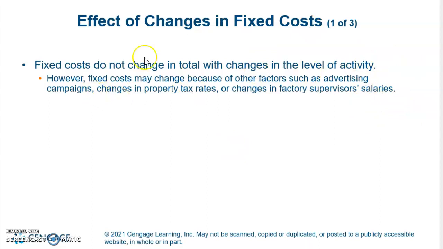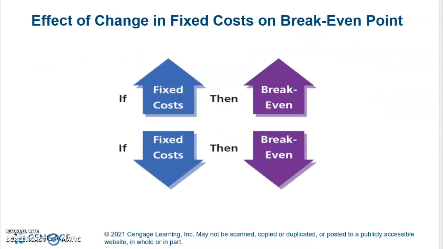So they can change, and we need to learn the effect of change in fixed cost on break-even point. If fixed cost goes up, then your break-even point is going to go up because you're going to need more to break even because you have more costs to cover. If fixed costs go down, then you won't need as much to break even because you don't have as much fixed costs to cover.